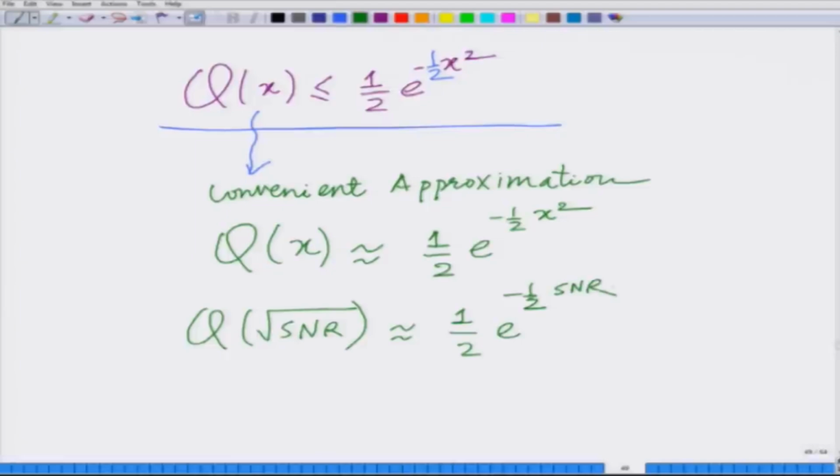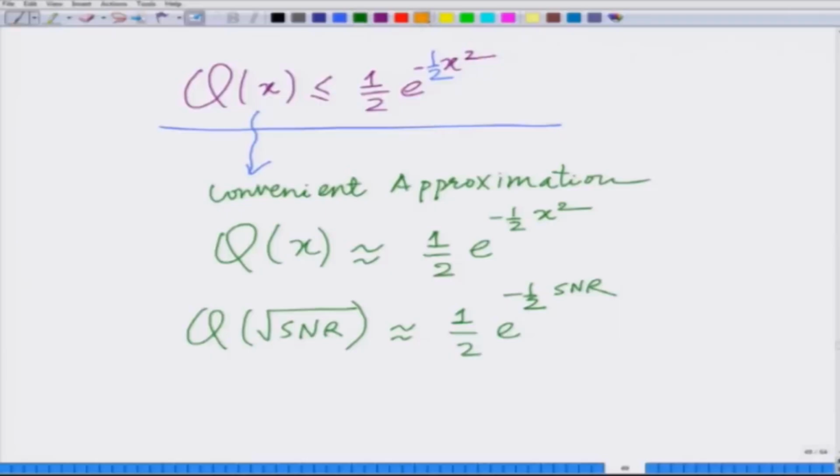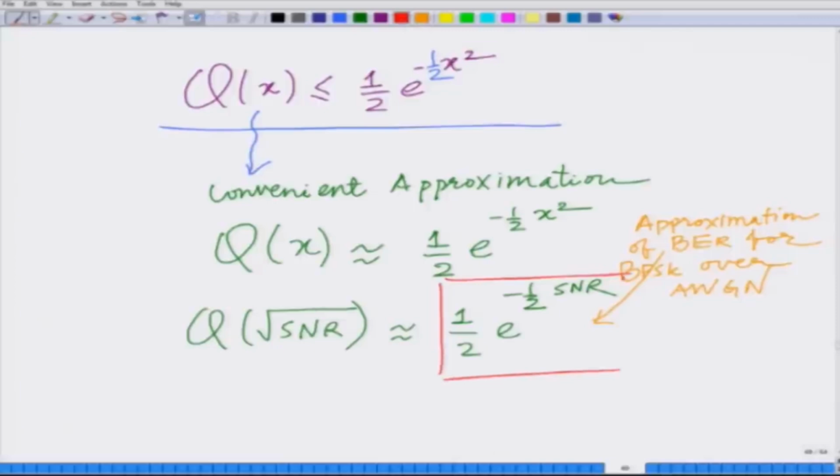So, our approximate bit error rate for BPSK modulated transmission over the AWGN channel is half e to the power of minus half SNR.